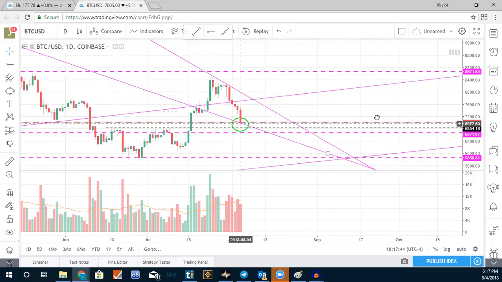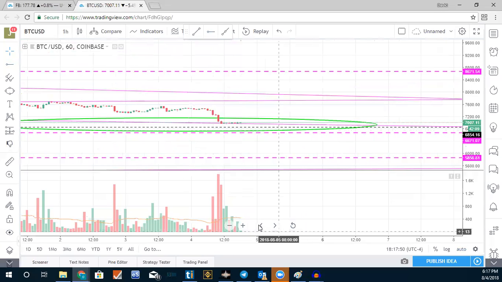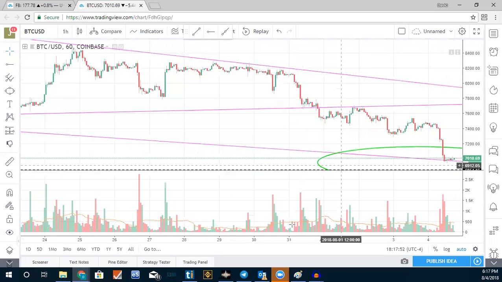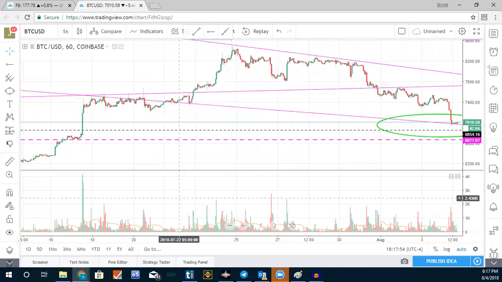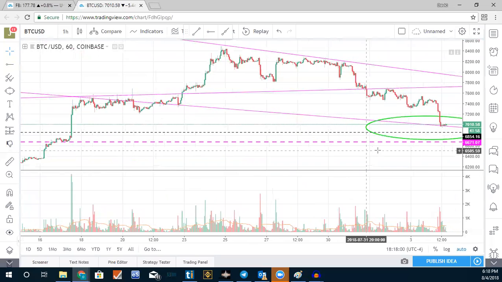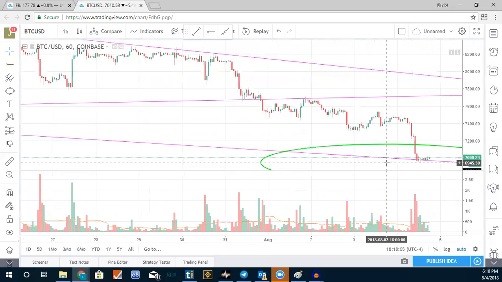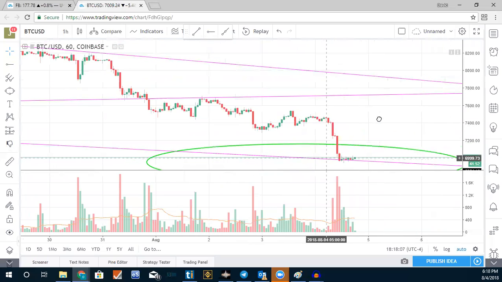I might take a trade here if I start to like the price action I'm seeing. Currently, if you take a look at the 1 hour chart, you just see mass amounts of bear volume. We had this nice bullish volume spike over here, but since then we've had some pretty nasty dumps, and currently we're settling right on this descending resistance.